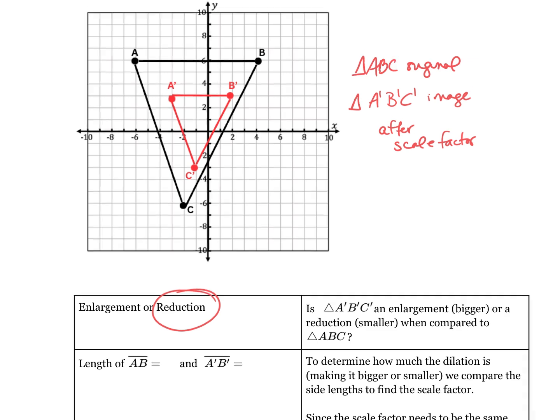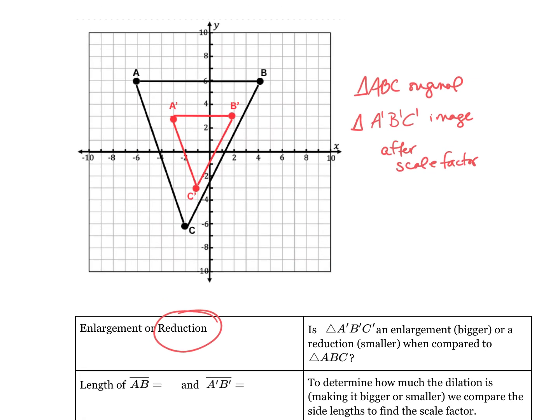Okay, so AB is 1, 2, 3, 4, 5, 6, 7, 8, 9, 10. AB has a length of 10. A prime B prime is 1, 2, 3, 4, 5. It has a length of 5.